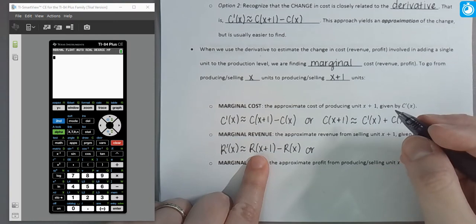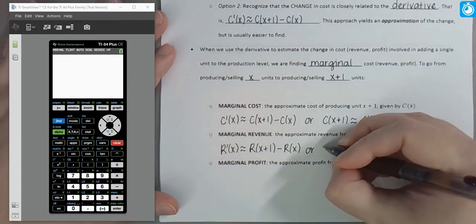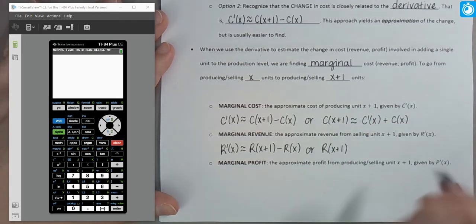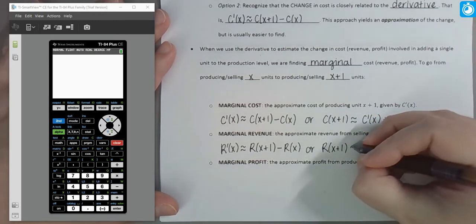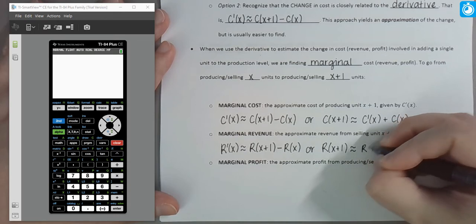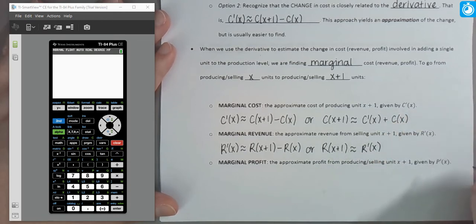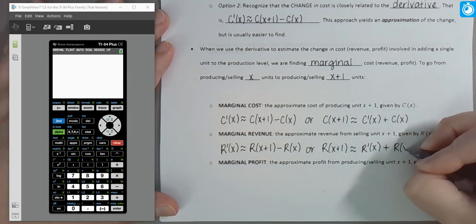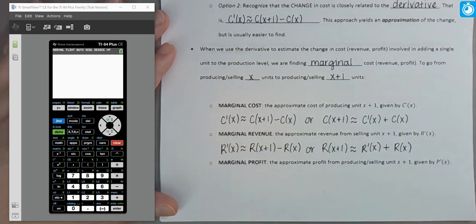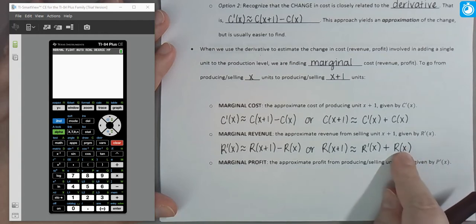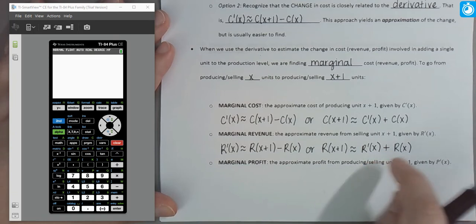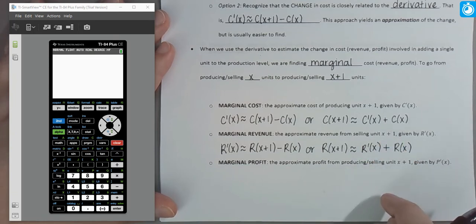If we want the total revenue for increasing production, then the total revenue for producing 1 additional unit is approximately the derivative, our marginal revenue, plus the revenue at our current level of production. So where we're producing currently, how much revenue we make for that, plus the amount of change to go from our current level to 1 additional unit.